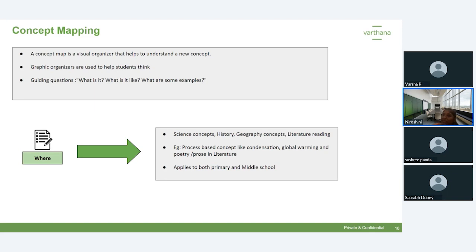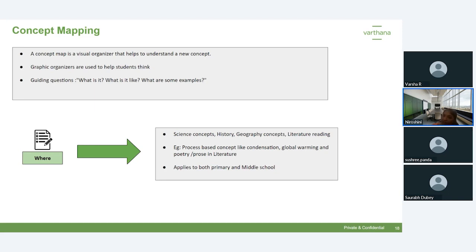Children generally start the habit of memorizing these things and jump into rote learning. Concept mapping will definitely help them visually look into the concept and remember it in a much better way, reducing rote learning techniques.